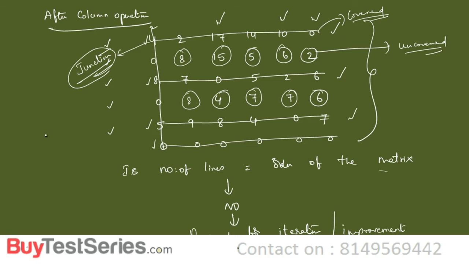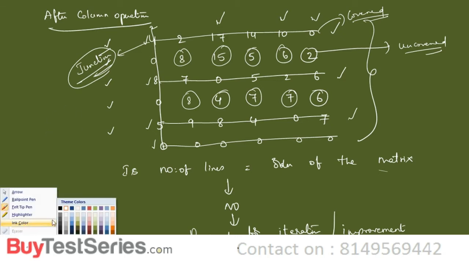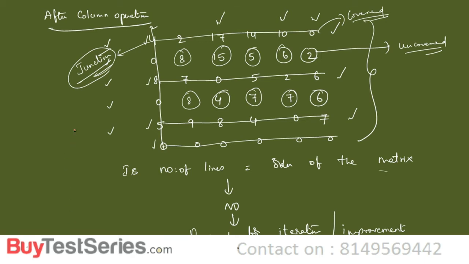Let me change the ink color to make it better. So this is a junction, this is also a junction. Now, what we need to do? Pretty simple. You have to select the least uncovered number.